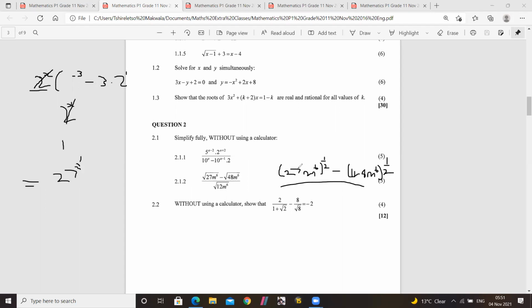This exponent multiplies everything inside. So to the power of a half multiplied by m to the power of 6 multiplied by the power of a half.